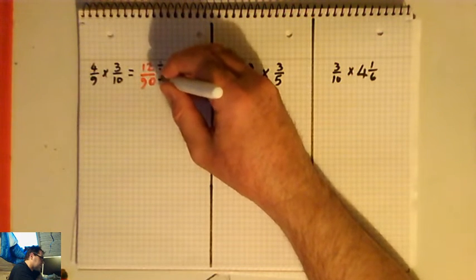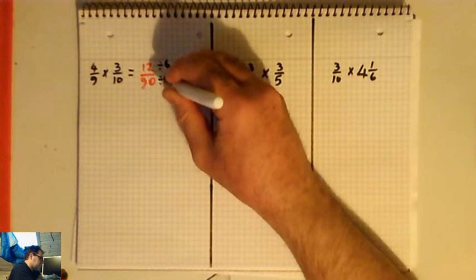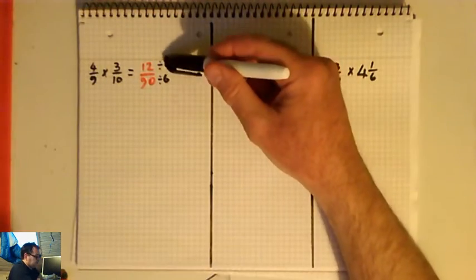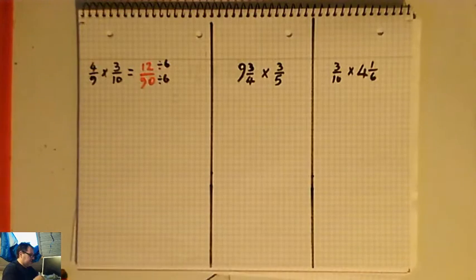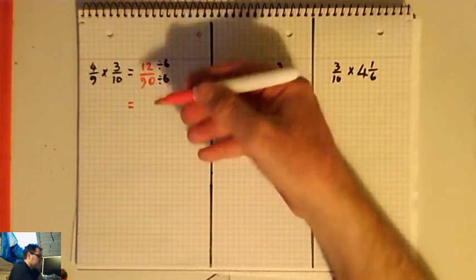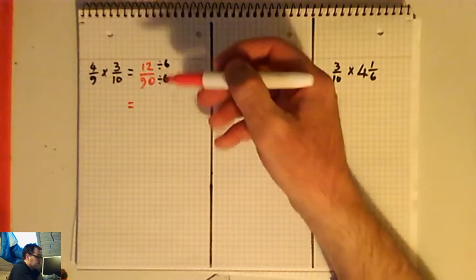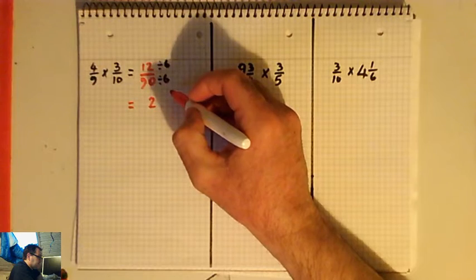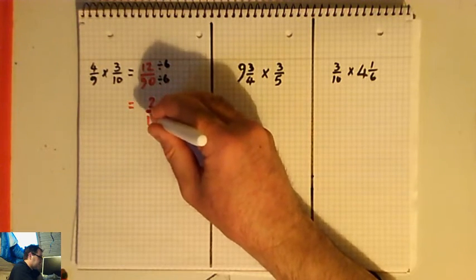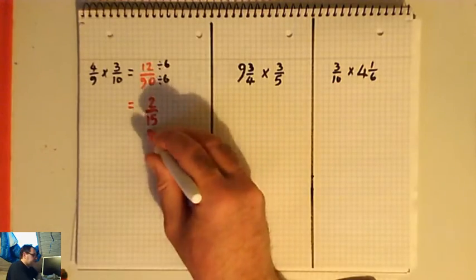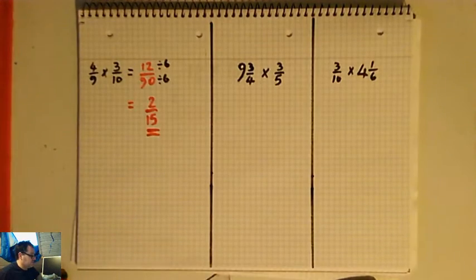I can divide top and bottom by 6. So I'm not really dividing by 6, I'm really dividing by 1 in the form of 6 over 6. So I'm not making my fraction any bigger or smaller, I'm just writing it in a different form. So 12 divided by 6 is 2. 90 divided by 6 is 15. So 12/90ths is the same as 2/15, and that's written in the simplest form.